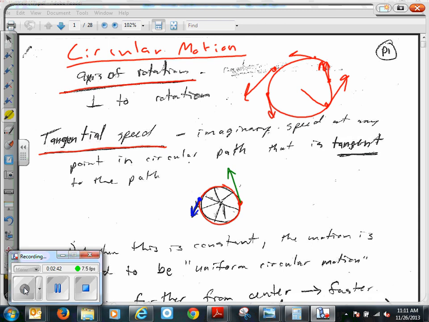Due to Newton's first law, the law of inertia, if I broke the string that was holding this, and a second later it was just two pieces of string, what would happen to that ball? In the AP Physics test, the question would be like this. You have a ball following a path, and then the rope snaps at that point. Which direction, what's the path of the ball?